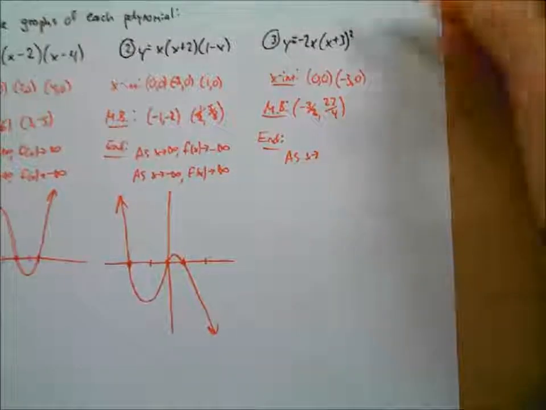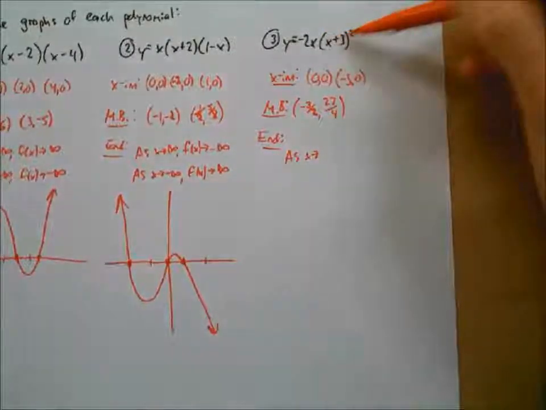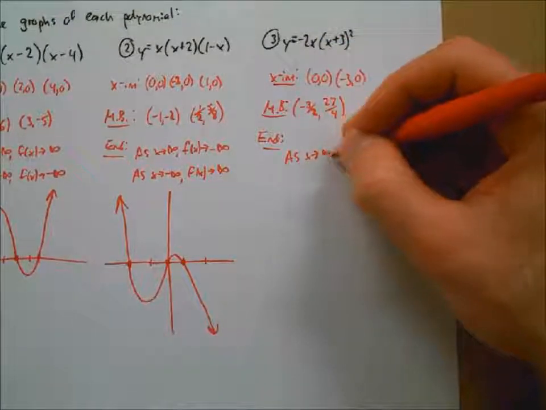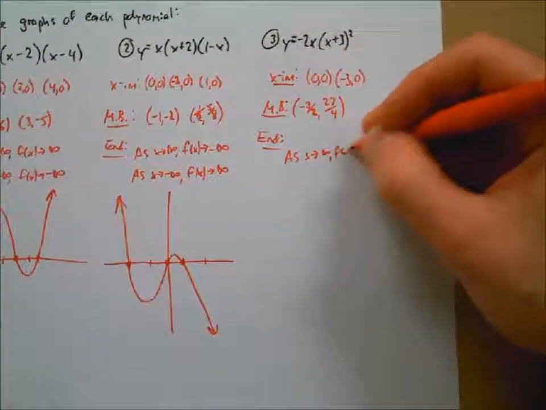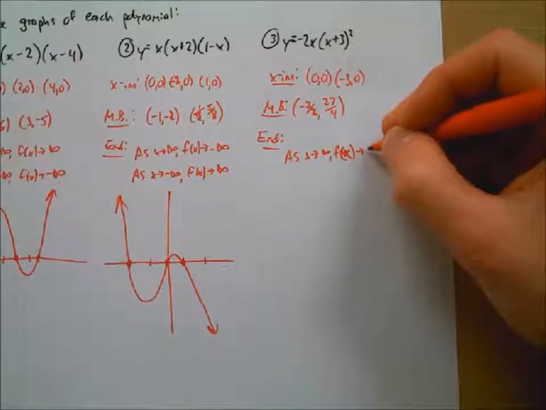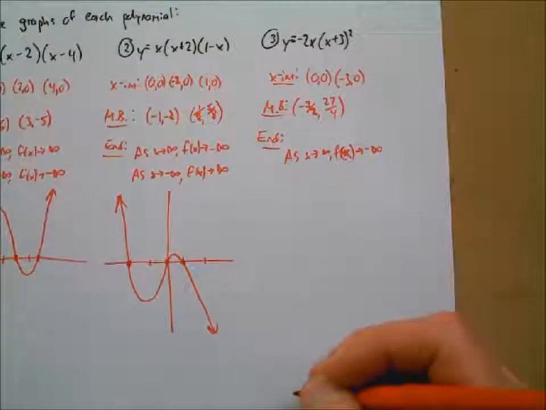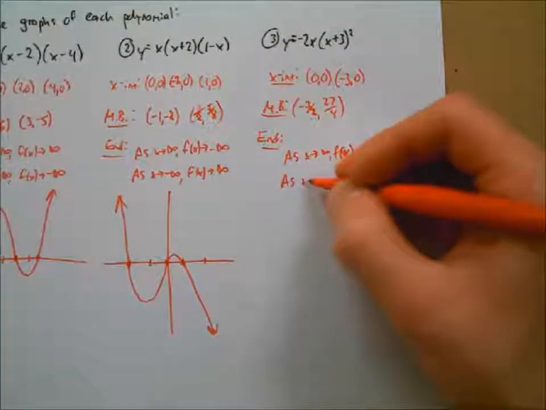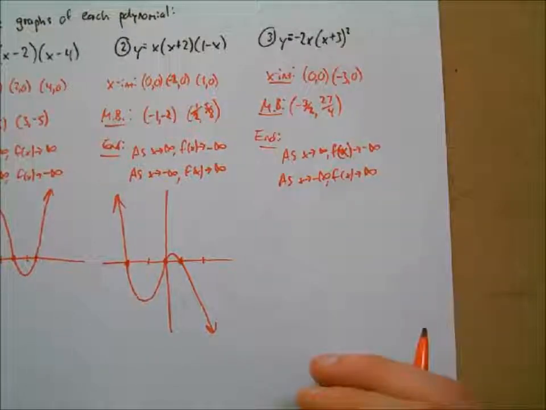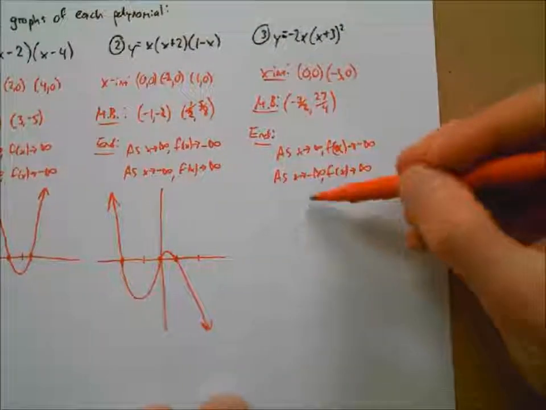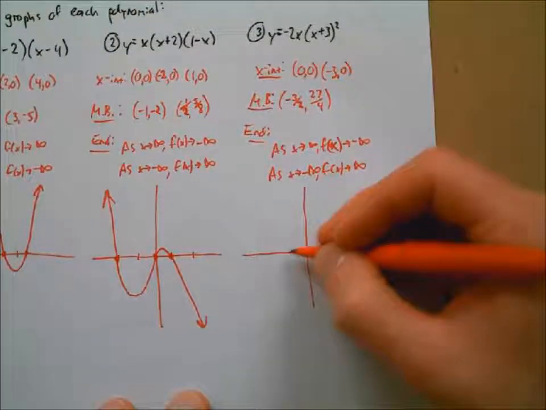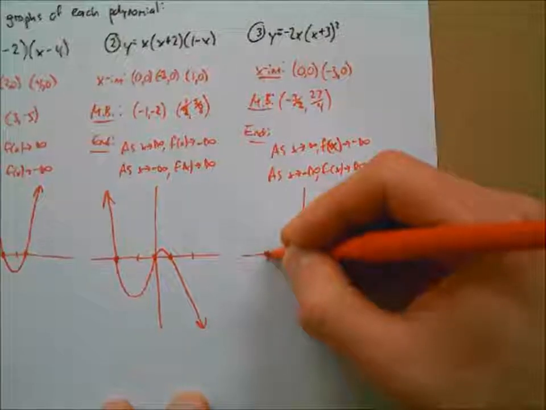Okay, here the degree is 3, right? That x is being squared, so x squared times an x gives me x cubed. So it's a cubic, but it has a negative lead coefficient. So we're going to go to -infinity as x goes to infinity, and as x goes to -infinity, f of x will go to +infinity. Okay, and so the shape of your graph is going to look something like this: (0, 0), and then (1, 2, 3, 0).